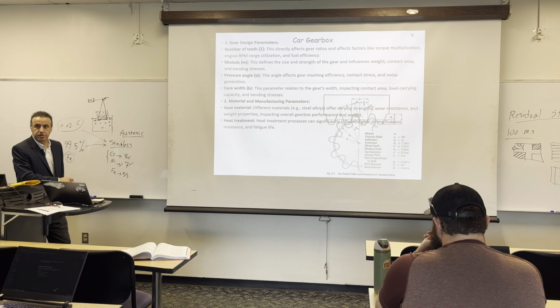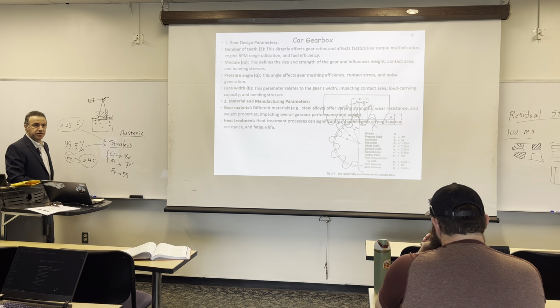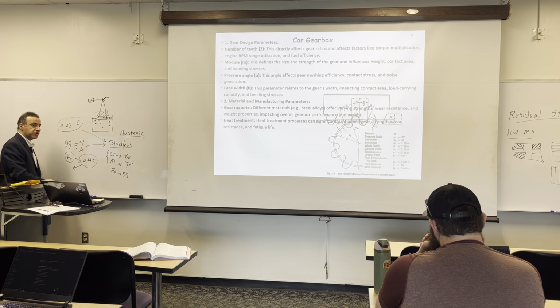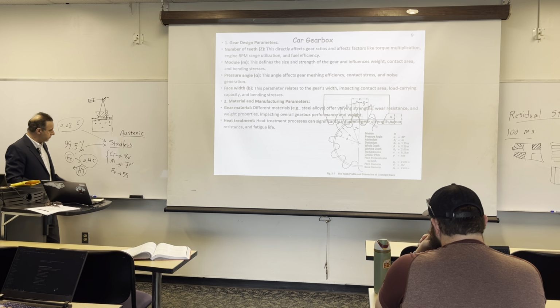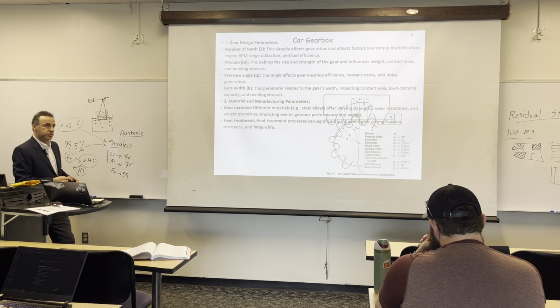Whatever strength it has, it's going to be that one. But if you have this one with higher carbon, let's say 0.4 carbon, you can make it stronger using heat treatment. With the heat treatment process, you can make this one strong.